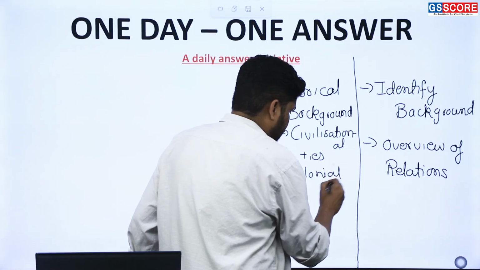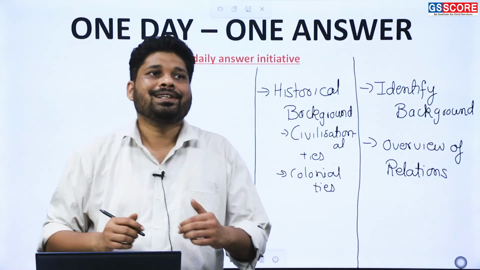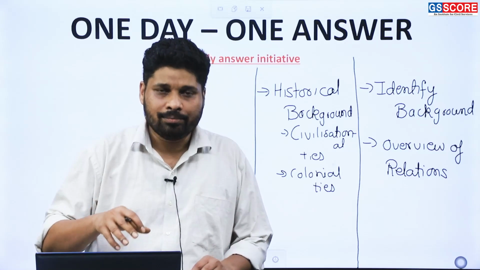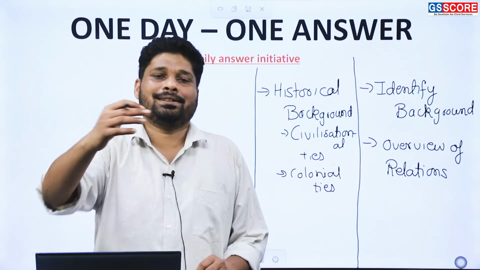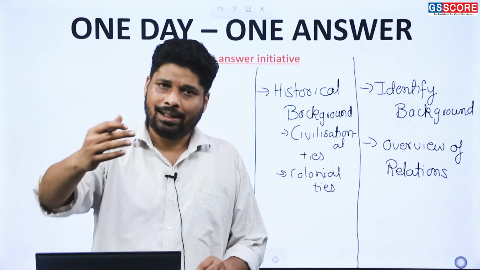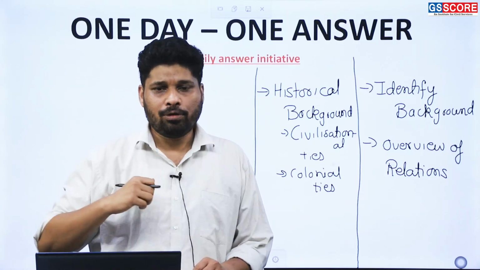That means if the need be, also include how colonialism in South Asia affected the relation between India and its neighbor, for example India and China. Okay, the Tibet problem that we see is more or less due to the colonial influence.